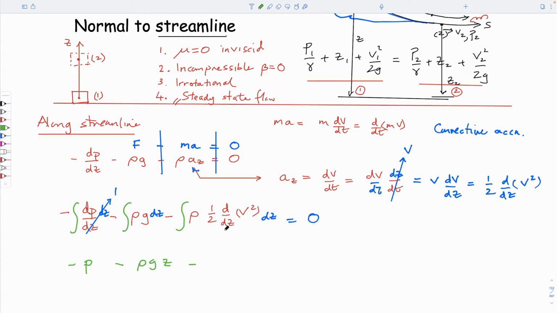No, yeah, so we get rid of this, and this just ends up being density times a half v squared. And since we've integrated it and not put limits on it, this is equal to a constant. And so I guess we could gather terms. Let's divide through by rho g.